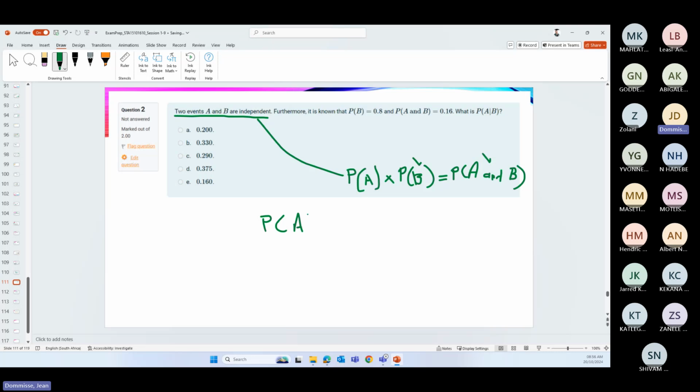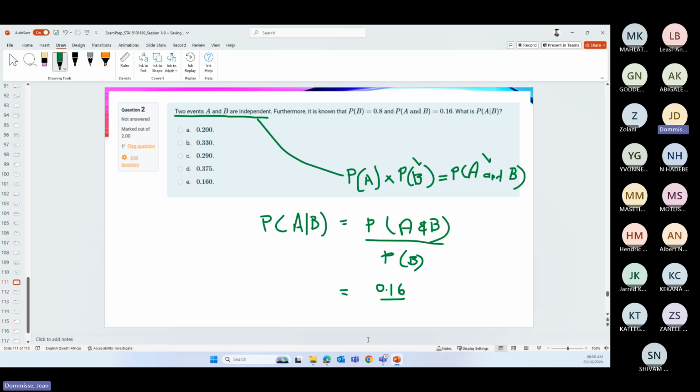Probability of A given B is equal to probability of A and B divided by probability of B. So we actually did not even need to have a probability of A. So probability of A and B, 0.16.